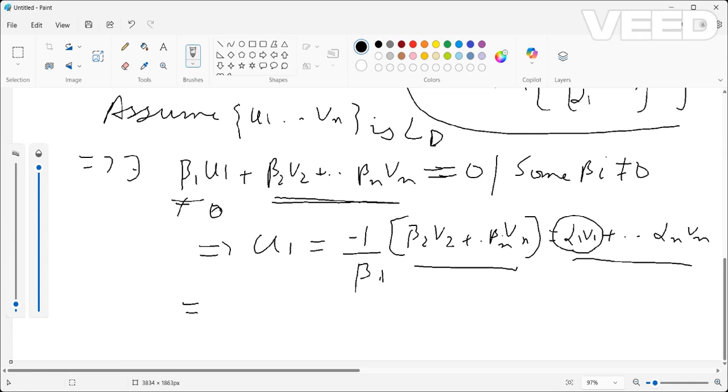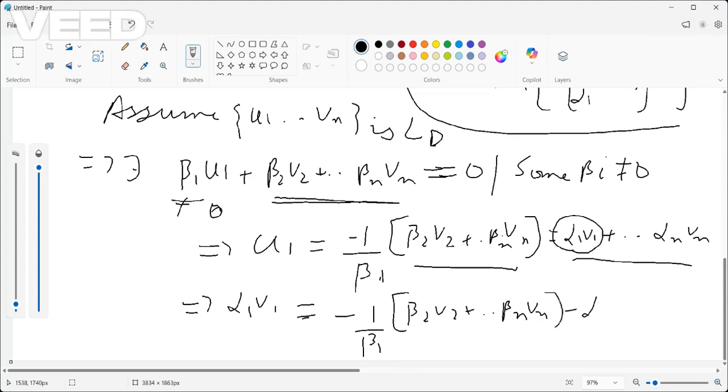So alpha 1 v1 equals minus 1 by beta 1 times beta 2 v2 plus so on beta n vn, minus alpha 2 v2, so on, minus alpha n vn.